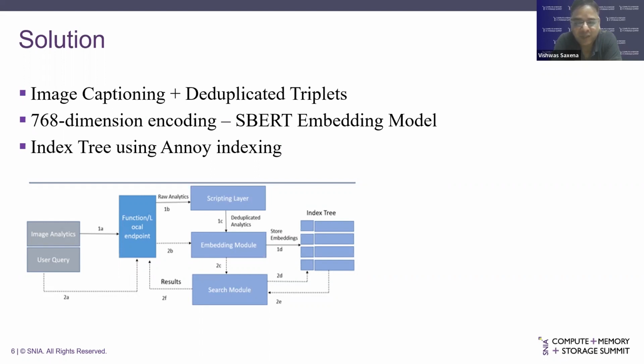And then we have pipeline 2, which is the user pipeline, which takes the user query and then feeds it to the same embedding module to generate an embedding vector. And this vector is going to be searched in the master embedding dictionary that was created and stored as part of indexes earlier.